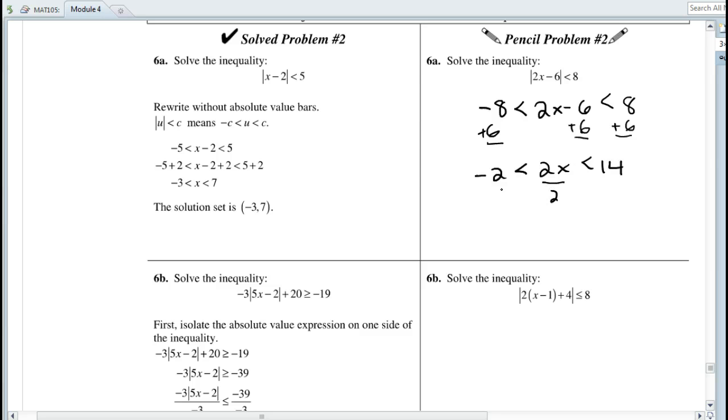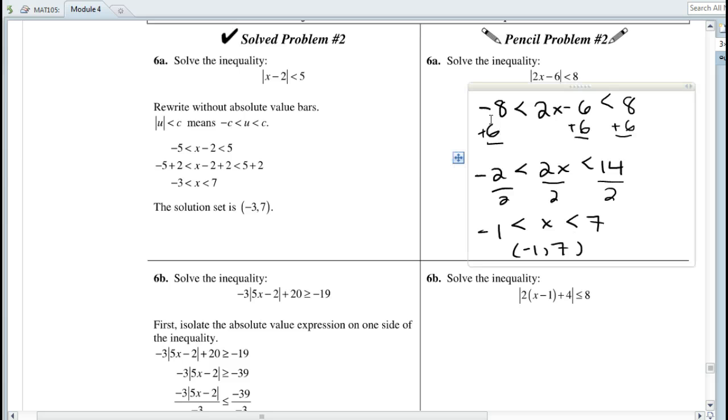And then divide by 2. So we have negative 1 less than x less than 7. Or negative 1 comma 7. Remember that's an interval, not an ordered pair. You can only tell based on the context of the problem because it does look very, very similar.